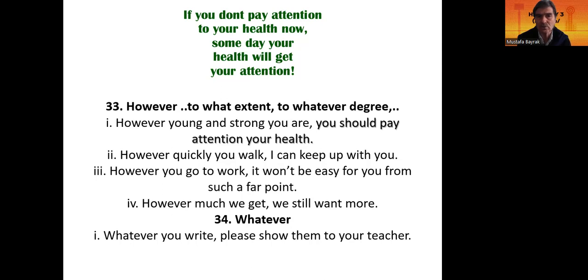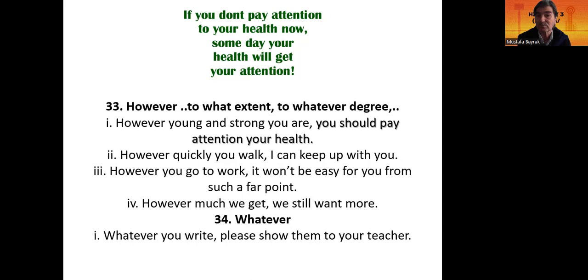However you go to work, it won't be easy for you from such a far point. However much we get, we still want more. No matter how much we get, we still want more.